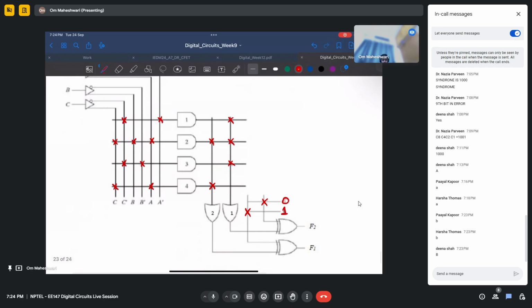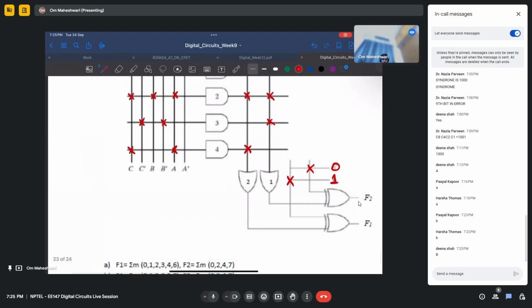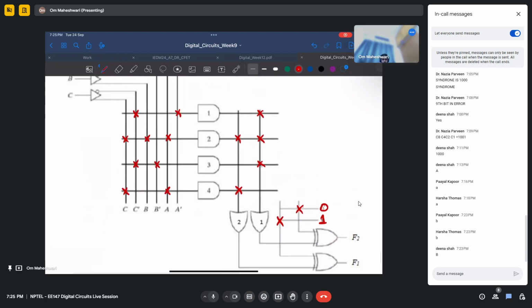So you have to tell the answer now in terms of min terms. So this is the circuit. Please try to solve it.